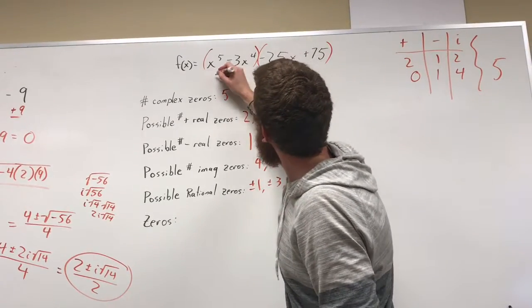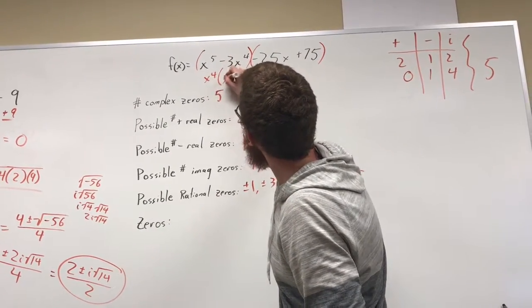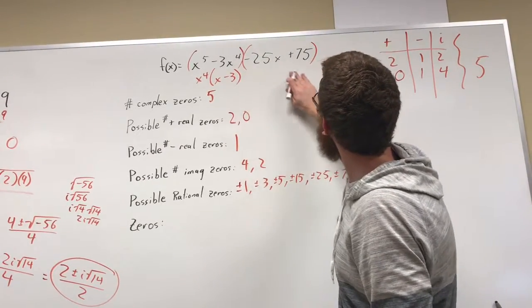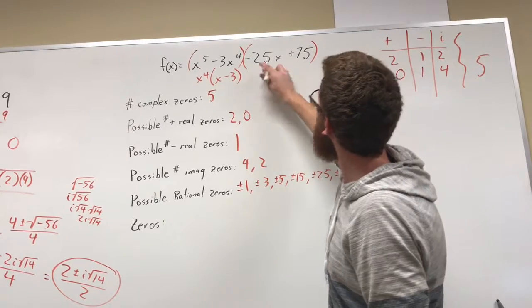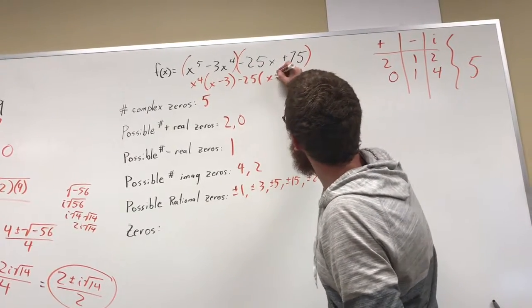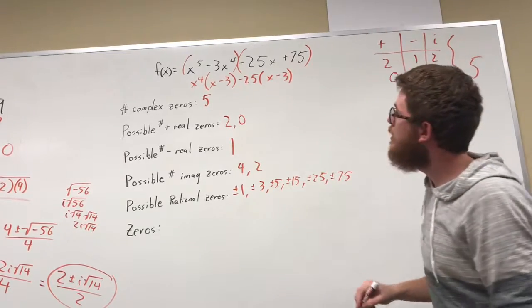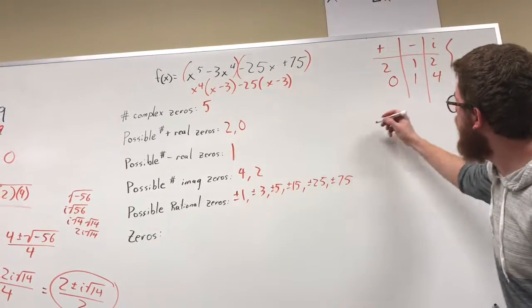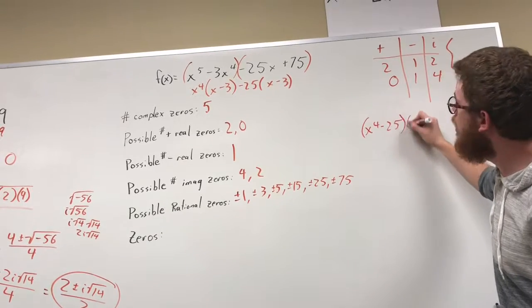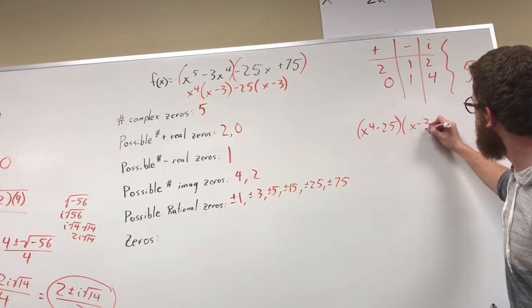In this first set, I can pull out x to the 4th power, leaves me with x minus 3. In the second set, I can pull out a negative 25, leaving me with x minus 3 once again. So when I factor by grouping, I have x to the 4th power minus 25 times x minus 3.